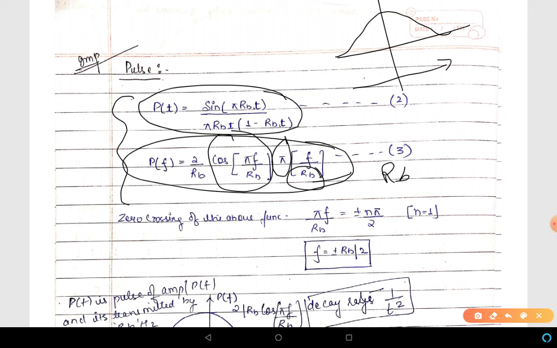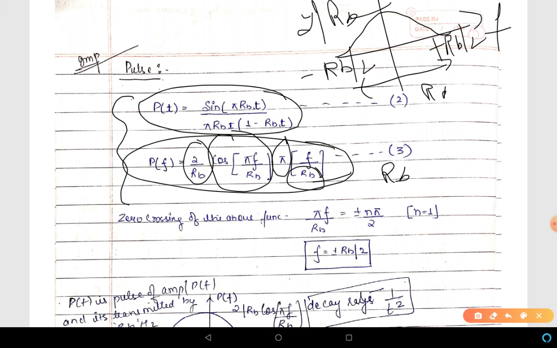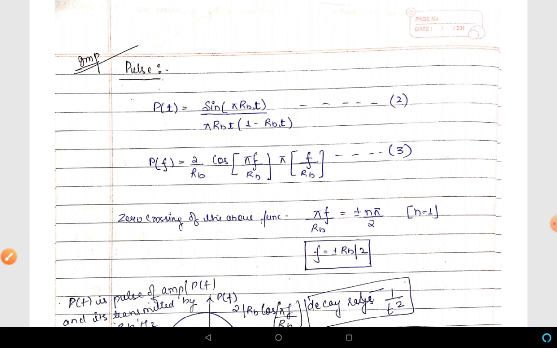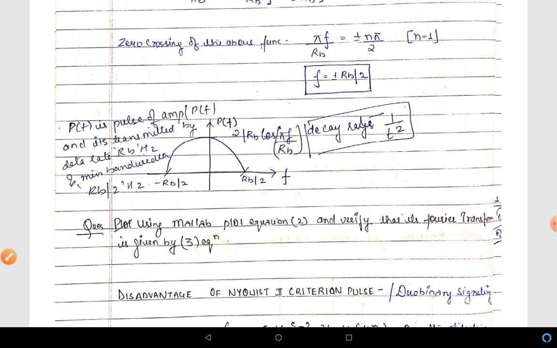The total width is RB, that is from minus RB by 2 to plus RB by 2, and this is in the frequency domain with the maximum value of 2 by RB. So this is one example of a Nyquist second criteria pulse, and the whole process is the Nyquist second criteria for 0 ISI.